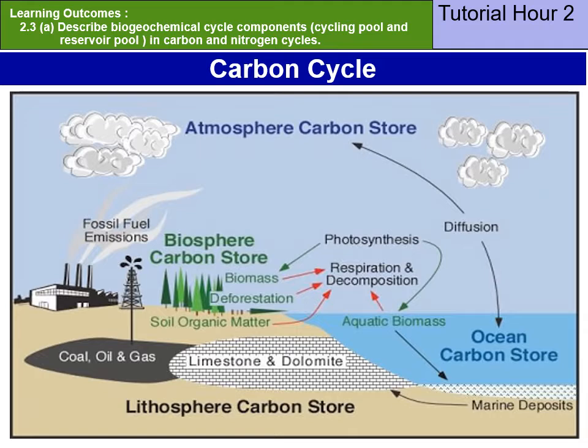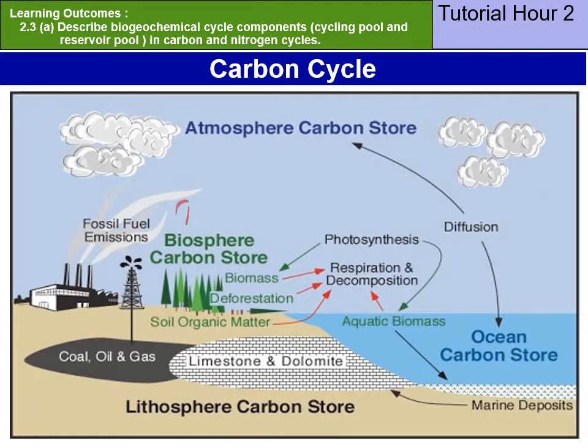Before this, I already told you that the biogeochemical cycle components can be divided into two, cycling pool and reservoir pool. So in the carbon cycle, the major reservoir pool, the first one, kita tengok, is organic molecules in living and dead organisms in the biosphere.